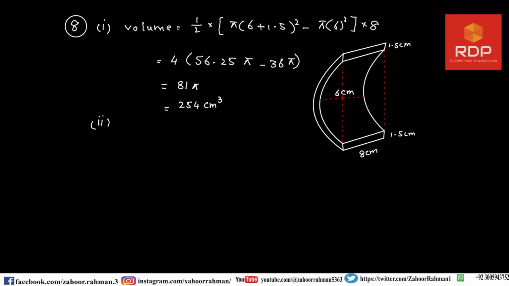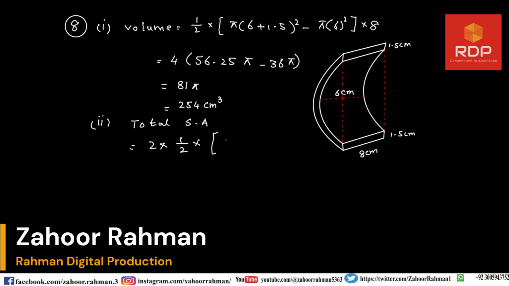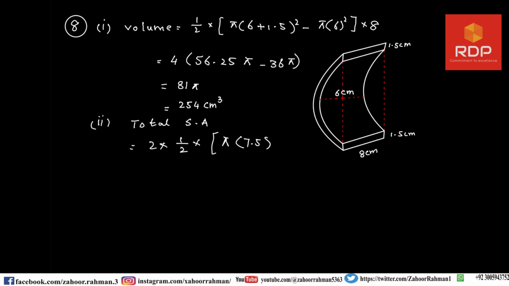Here we are going to find the total surface area, and that will be equal to 2 into 1 over 2 into pi 7.5 square minus pi into 6 square, and then we have to add 1 over 2 into 2 pi into 7.5 into 8.